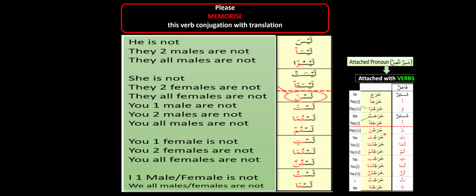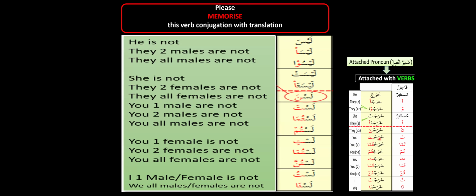I want you to come to number 6. Look at this verb. How many letters are there? Three: kha, ra, and jim. These are the root letters. Kharaja, the actual letters of the verb. And then this noon, we know it means third person, plural, feminine. And then we have ta, this ta pronoun is for you.